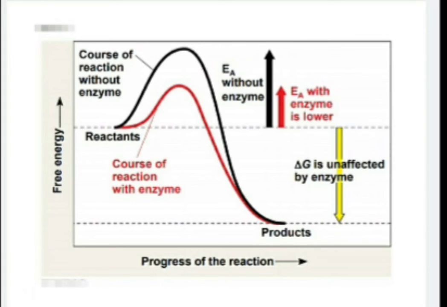This is the comparative energy curve which releases energy. And it is shown that delta G is unaffected by the enzyme. Only the rate of reaction changes in the presence of enzyme.